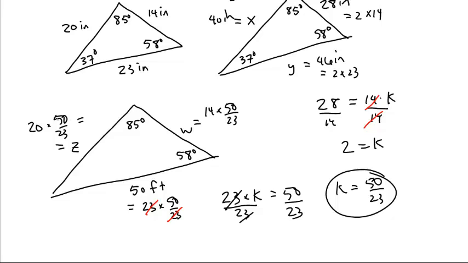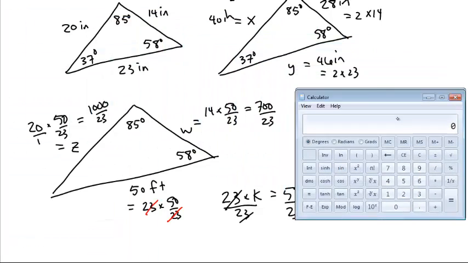Well, let's see. Multiply the tops, multiply the bottoms. 20 times 50 is 1,000 over 23. And 14 times 50, let's see, 5 times 14 is 70, so this is 700 23rds. I'm going to have to get a calculator on this one. Those are decent answers.